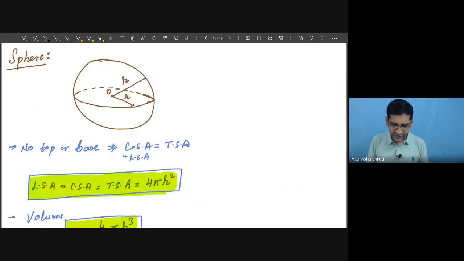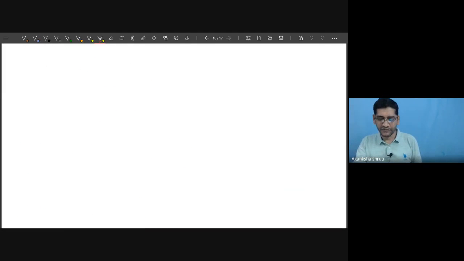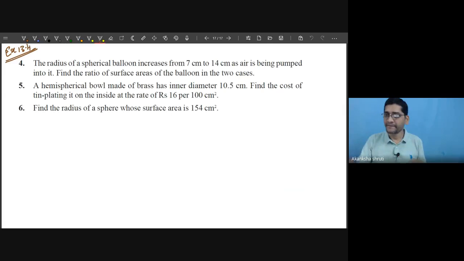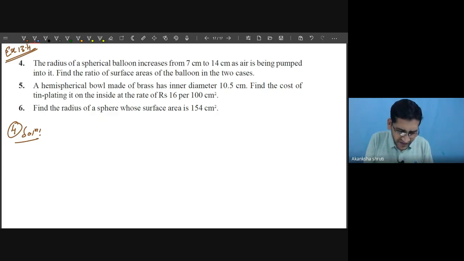Okay, student? So these were the total formulas that we have written. Now let us apply this concept to the questions. The question I have taken from your textbook is like this. Let us take question number 4 first. The very first thing, you have to draw the figure. The radius of a spherical balloon increases from 7 centimeter to 14 centimeter.